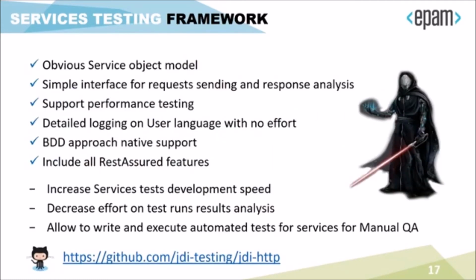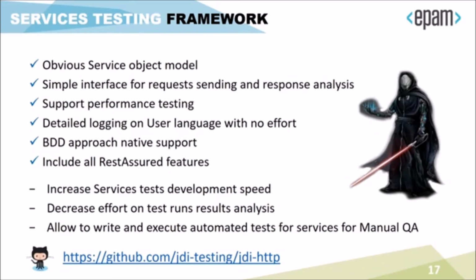Let's summarize all the stuff that I mentioned above. The GDI Dark is the framework for services testing, which has an object service model for your service. We have a list of simplifications for request and response validation and sending.